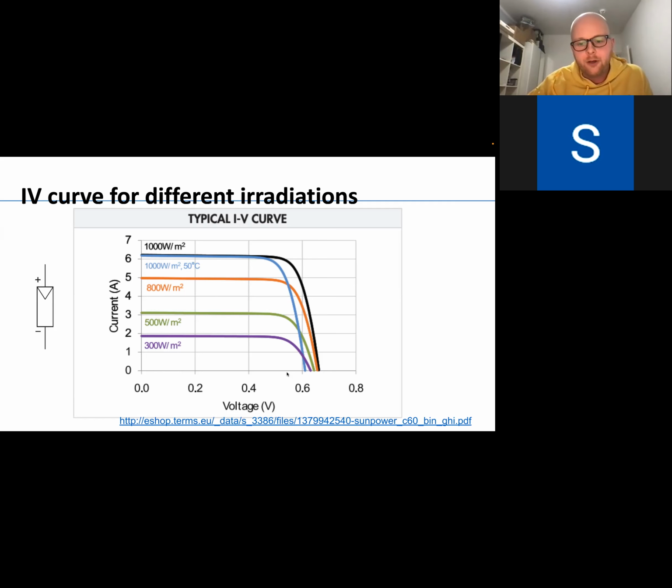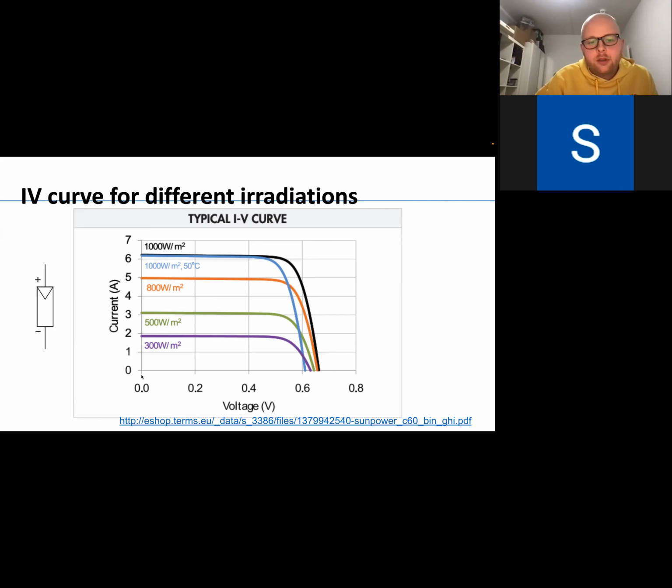And usually the maximum power point is around 0. If the open circuit voltage is around 0.7 volt, usually the maximum power point is around 0.6 volt, at the maximum power point voltage and the maximum power point current.